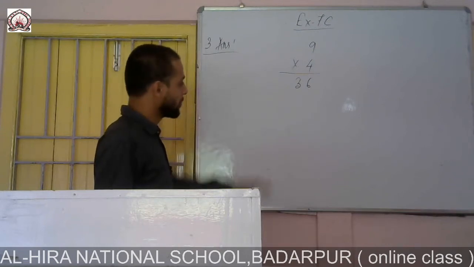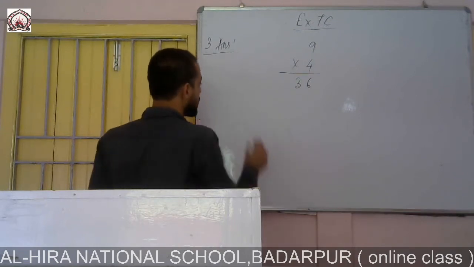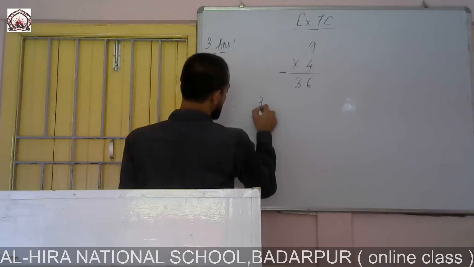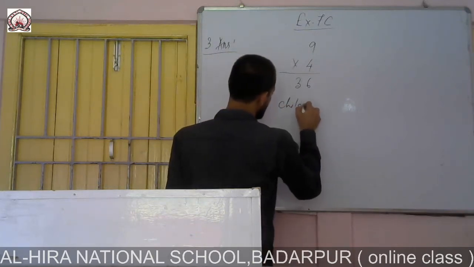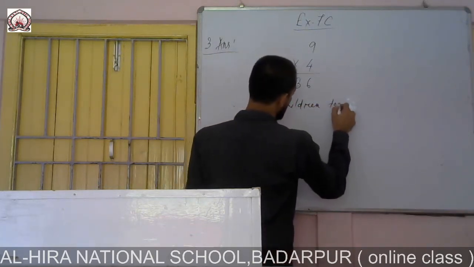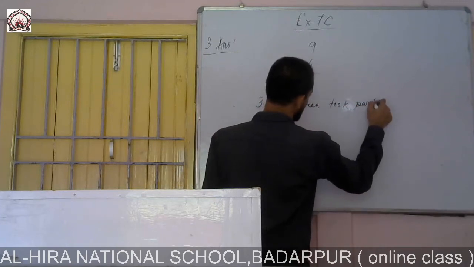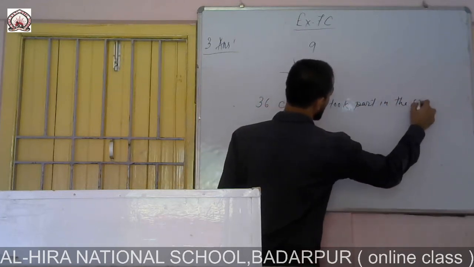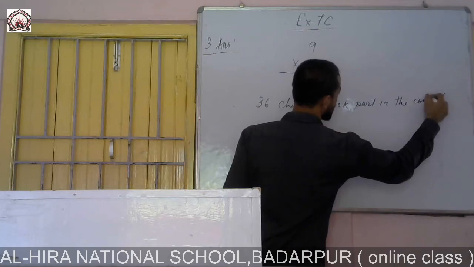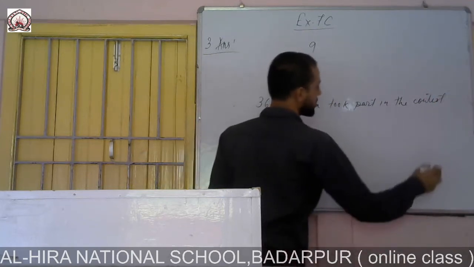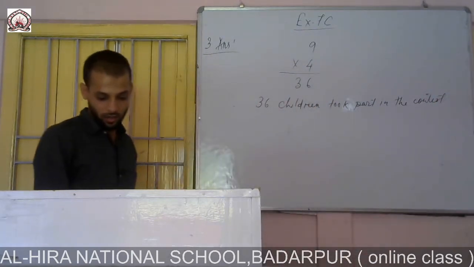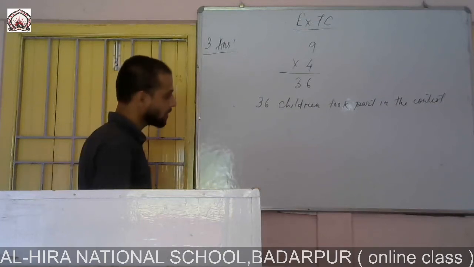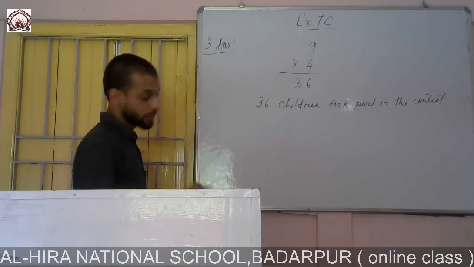Tens place. So the result is 36. So we can write: therefore 36 children took part in the contest. Okay, so next one you see, question number 5.